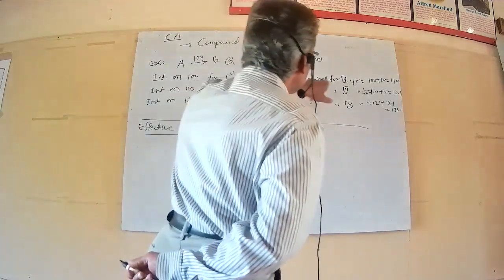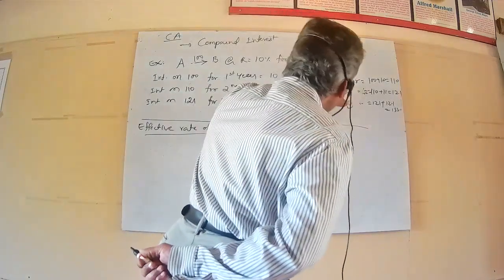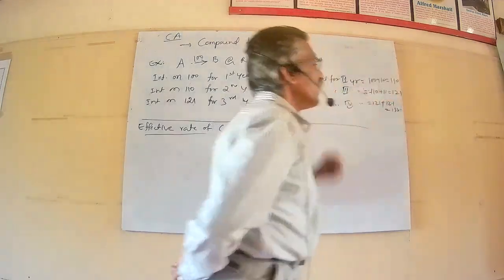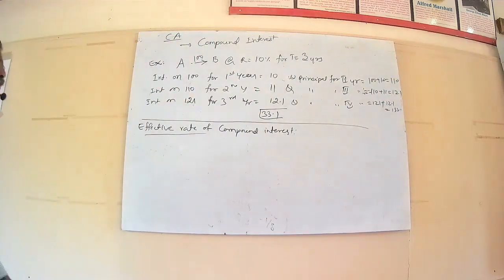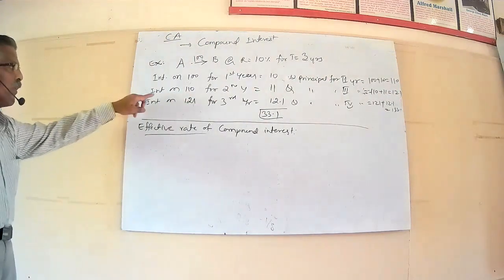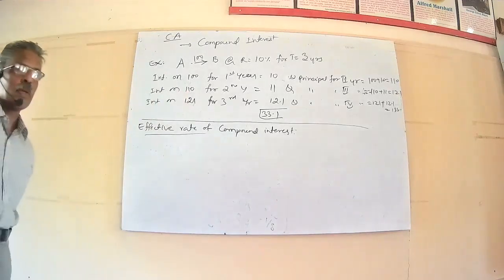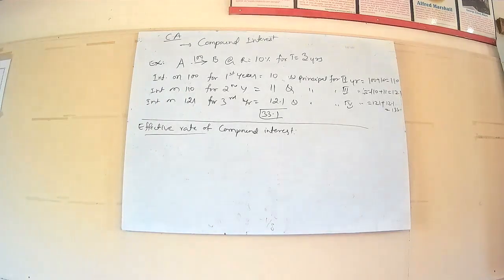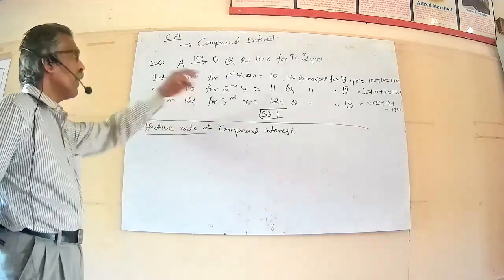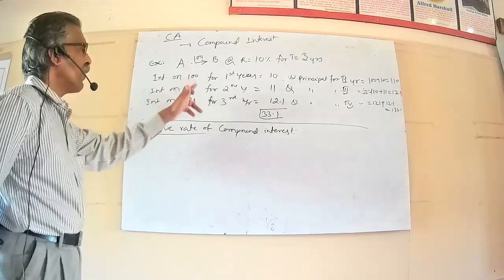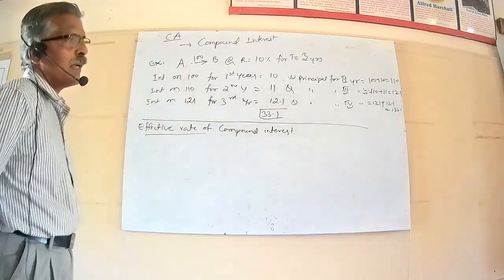So the principal sum for the second year becomes 100 plus 10 equal to 110. Initially the principal sum was 100, but here it changes. In the second year, instead of 100, this becomes 110.